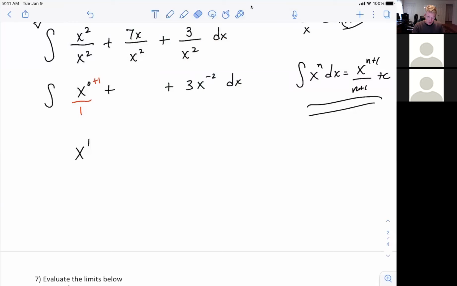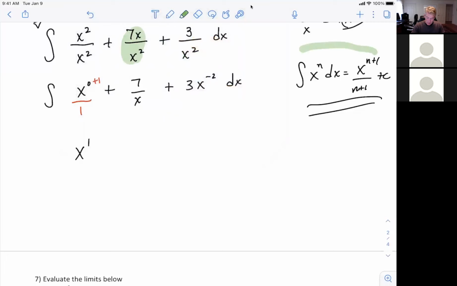And sometimes you got to be creative. So I'm going to go back to when it was this one. And another way to write that is you could have one of the x's on top cancel one of the x's. So that means it's 7 over x.